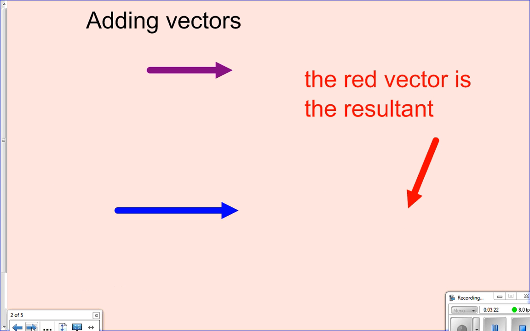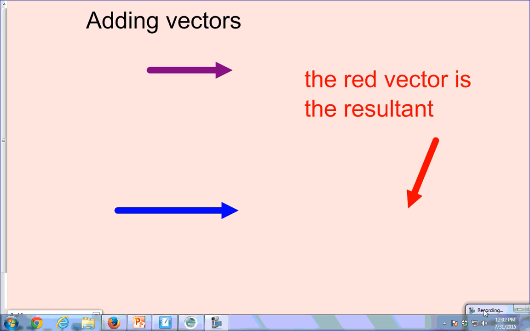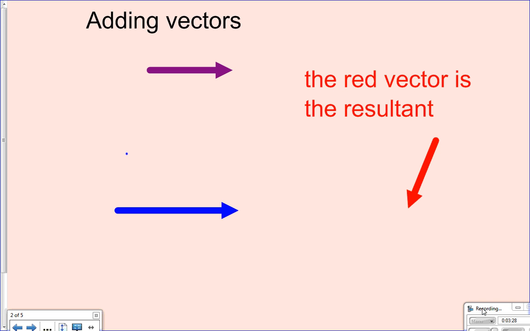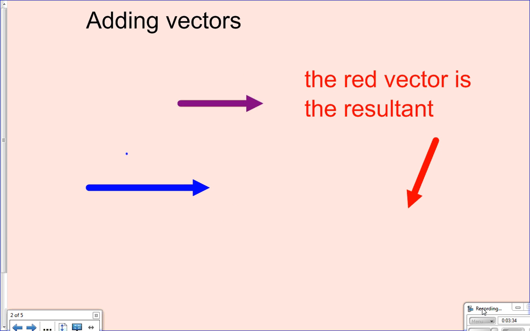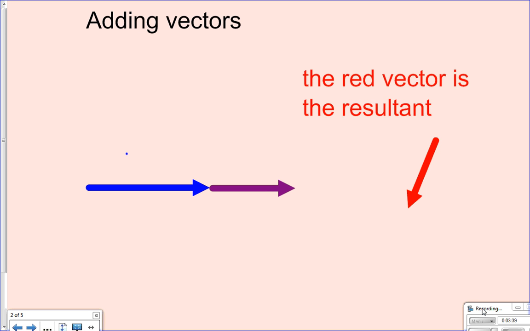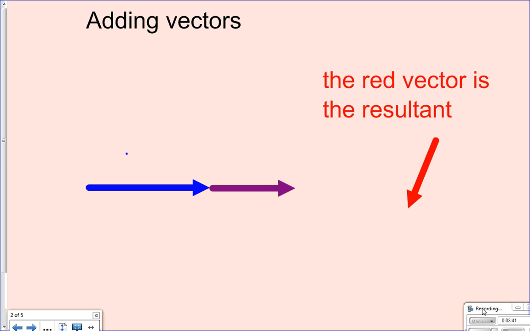All right, so how do we add vectors? You may have kind of figured this out all by yourself already. Let's say that I have this blue vector and a purple vector. I want to add these together. And as I indicated over here, the red vector is the resultant. Well, what would be the resultant? Basically, a vector sum is really all a resultant is.